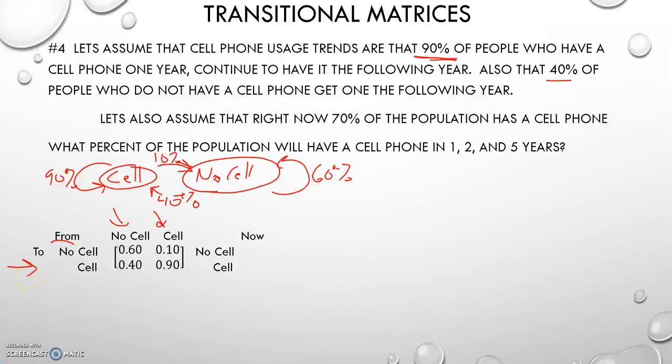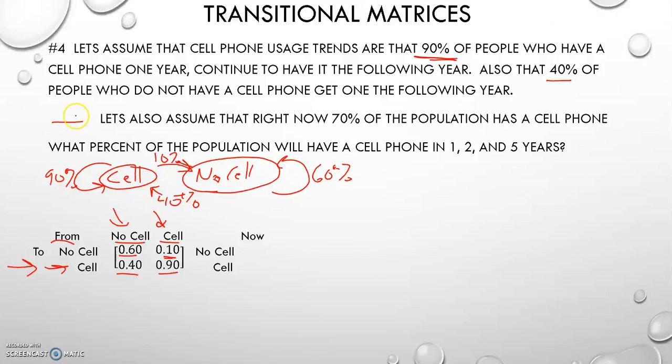And so we have, if you do not have a cell phone, 60% of the people who do not have a cell phone continue to not have a cell phone the following year, which is this number here. 40% of them get a cell phone, so they move to a situation the next year where they have a cell phone. Then if we look at the people who have a cell phone, 10% of them move to where they don't have a cell phone the following year, and 90% of them continue to have a cell phone the following year. So this is what's called a transition matrix.